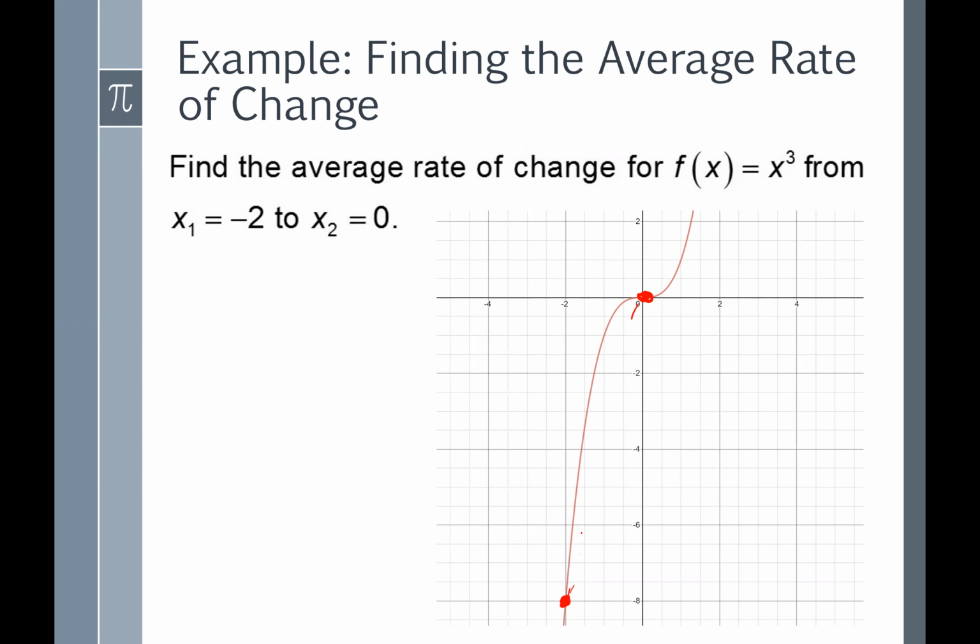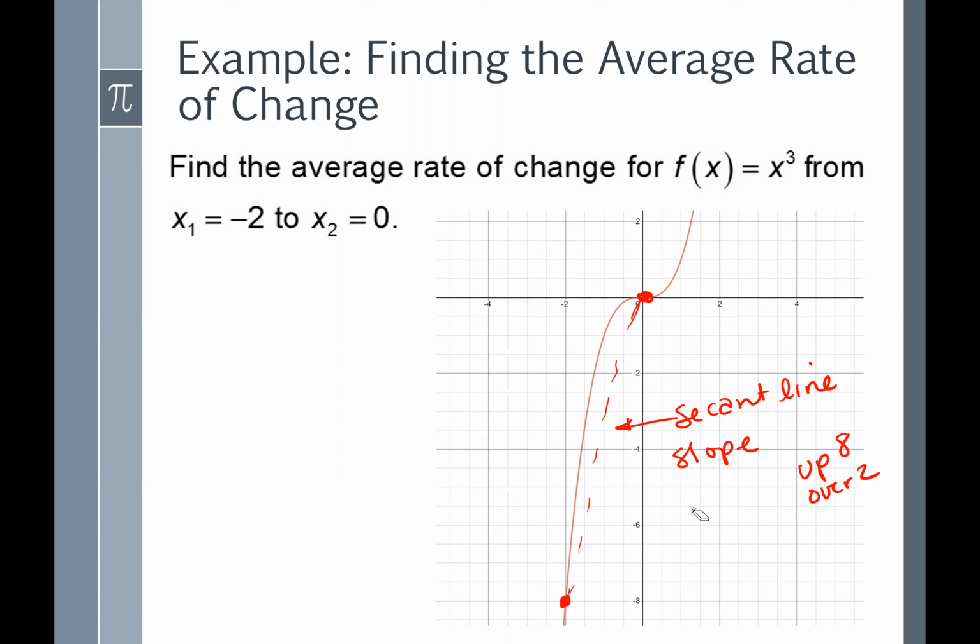This is where you need the straight edge. And this is the secant line. And the slope of that line, the rise over the run, we're going to go up 4 and over 1. Because we go up 8 and over 2 to get from one point to the other.